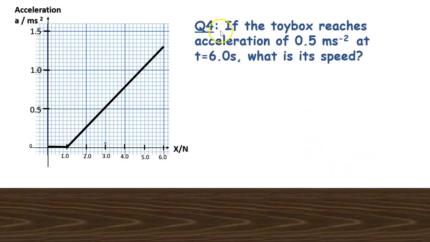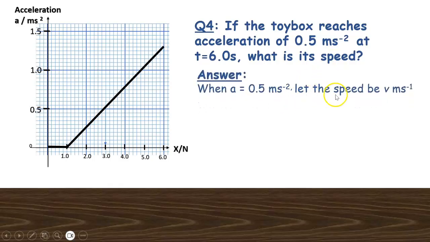Question 4. If the toy box reaches acceleration of 0.5 meters per square second at time t equals 6 seconds, what is its speed? Now let the speed at time t equals 6 seconds be v meters per second.